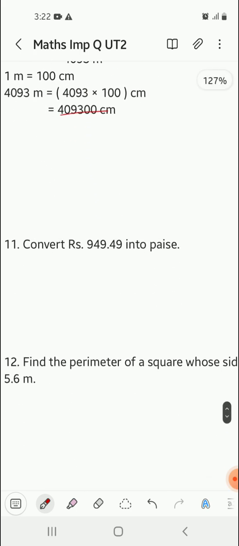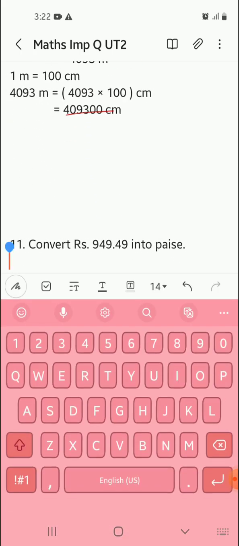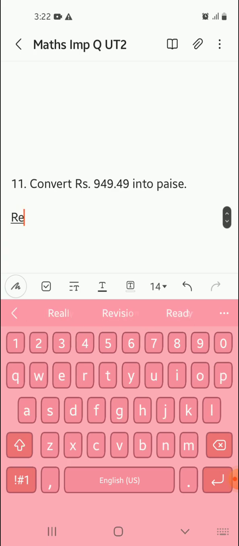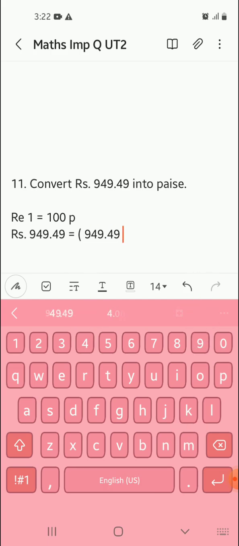Moving on to the next question. Convert rupees 949.49 into paise. We know that 1 rupee is equal to 100 paise. Therefore, rupees 949.49 will be equal to 949.49 into 100 paise.